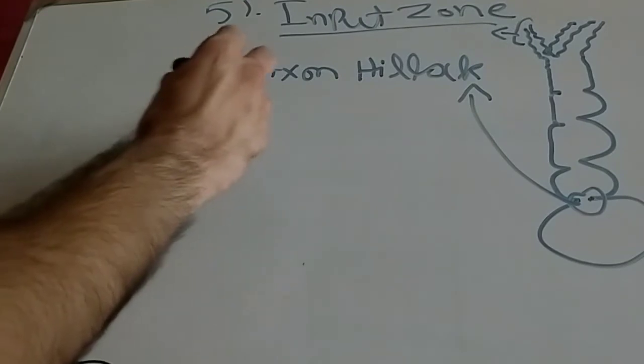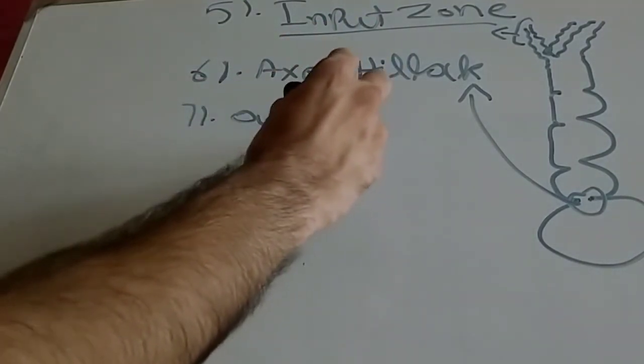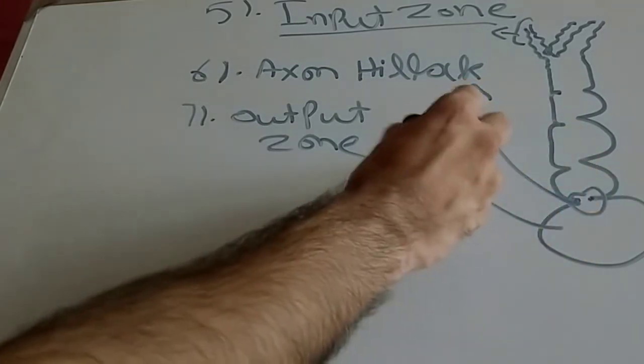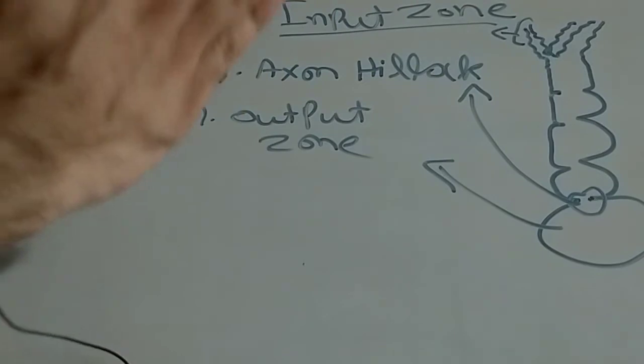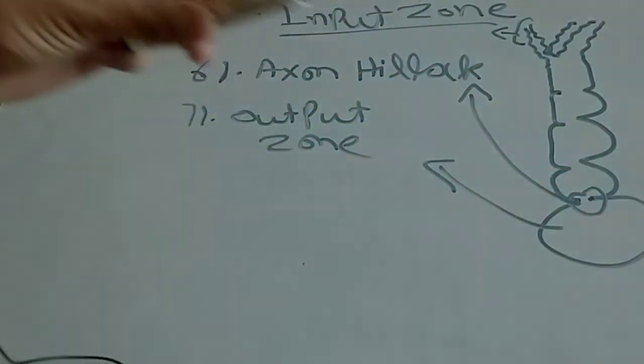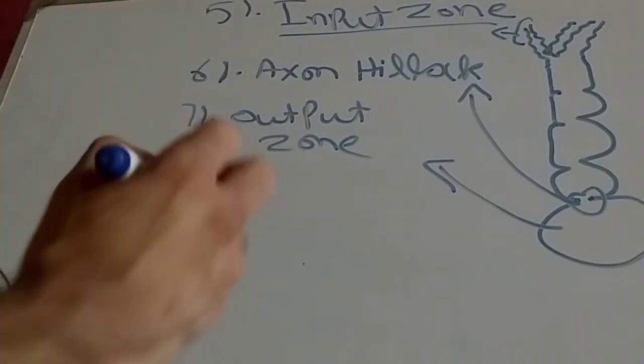After this we have the output zone. The output zone is defined as these axons. These are known as the output zone because these are the axons which develop the connection with the dendrites of other neurons. That's why this zone is defined as the output zone.